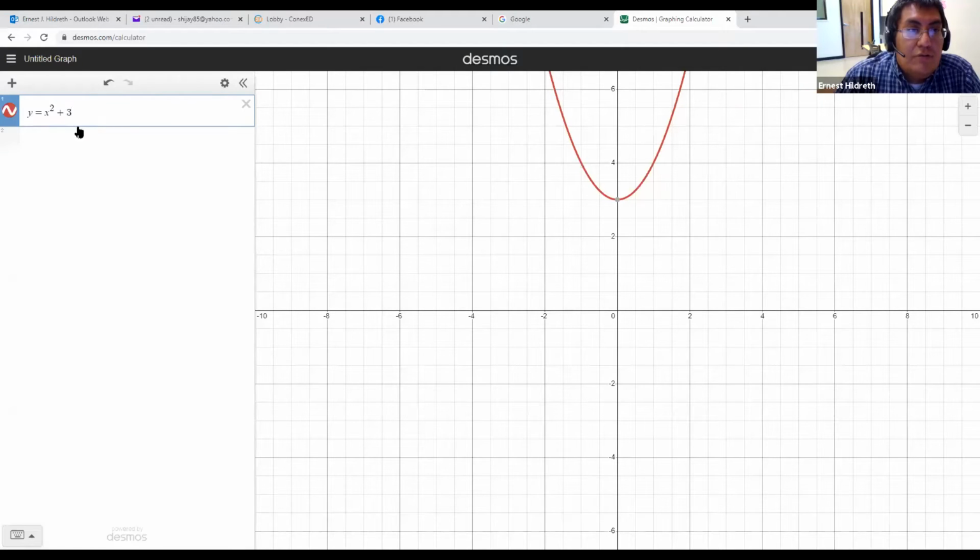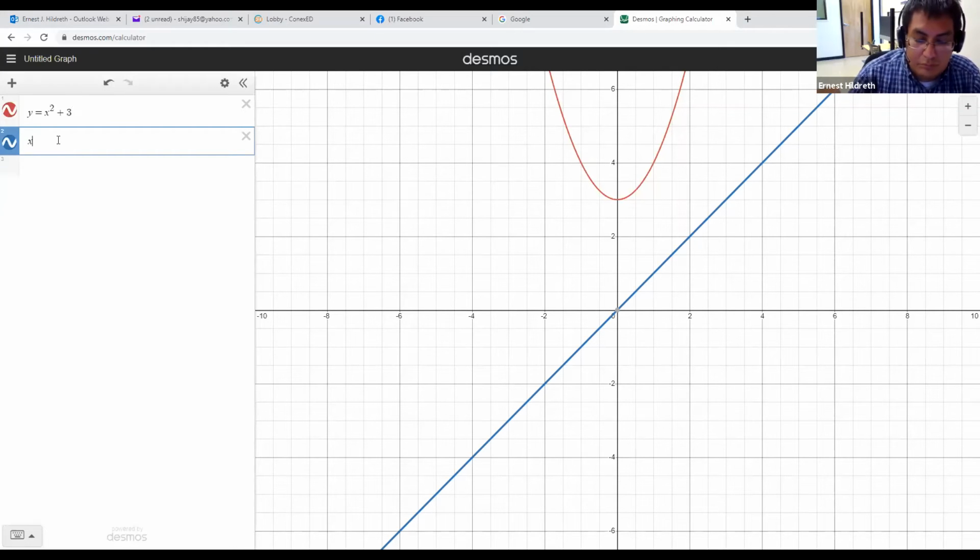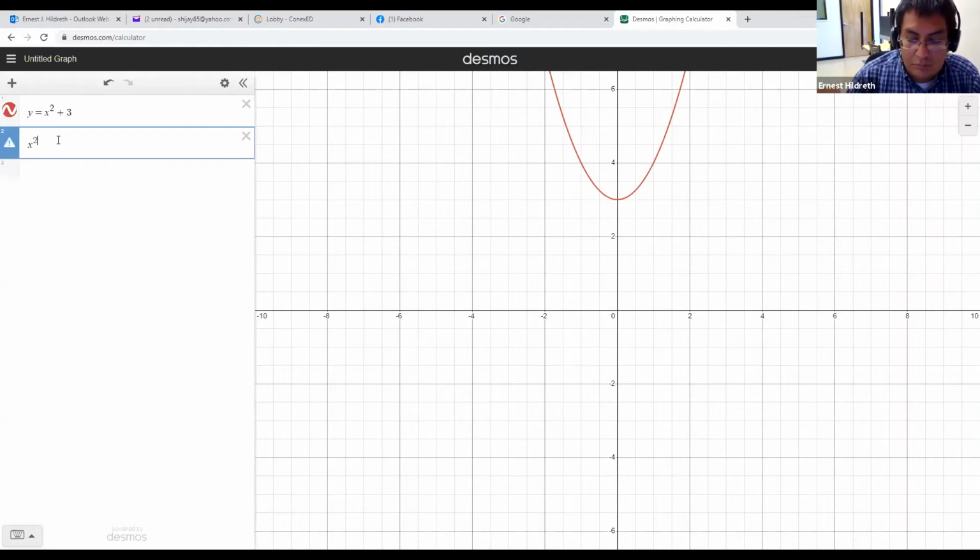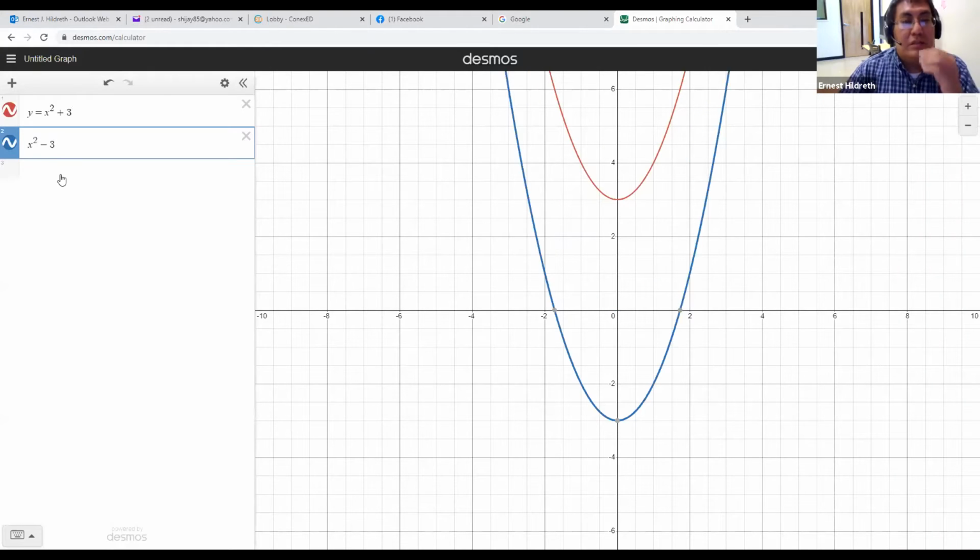So this is the graph. As you can see, the graph shifts downward by 3 units from where it was previously.